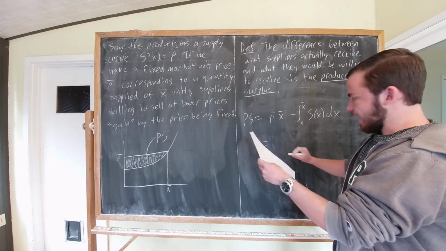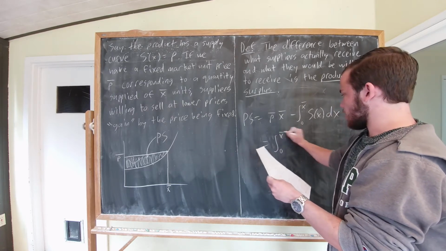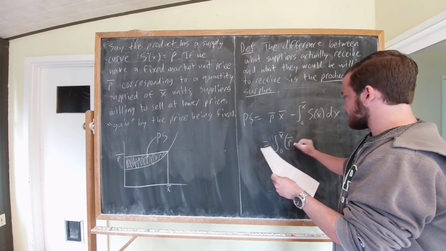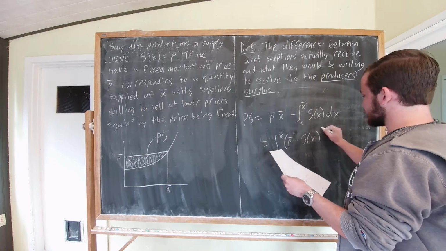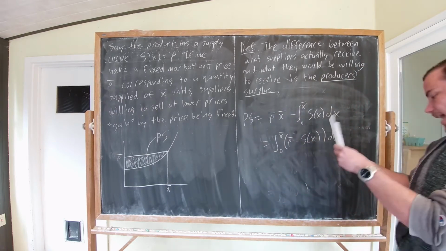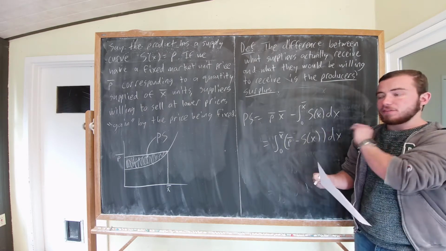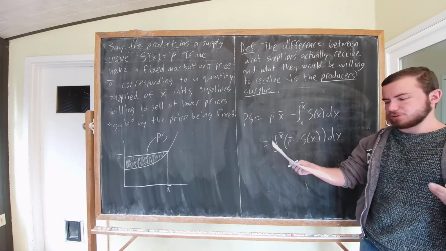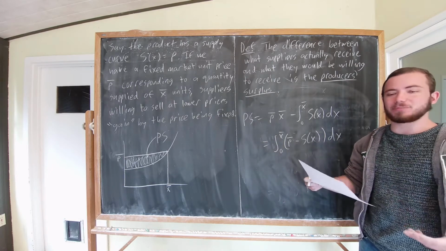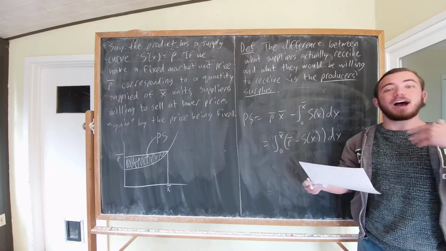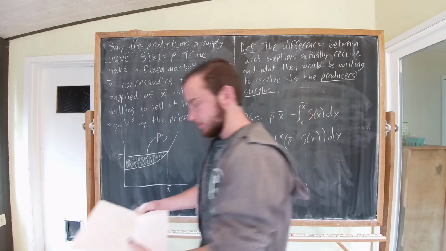We've also written this as the integral from 0 to x bar of p bar minus s of x dx. Same idea. Alright, so those are the definitions of consumer surplus and producer surplus. How do we actually work with them? Let's do an example.